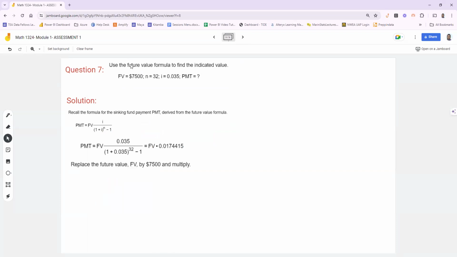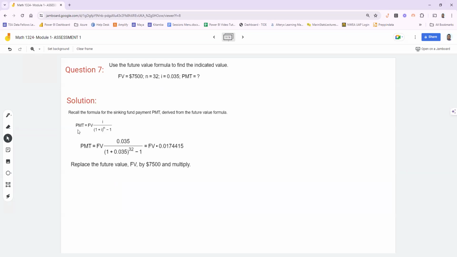Question 7 says, use the future value formula to find the indicated value. We're going to find the periodic payments, if the future value is 7,500, n is 32, and I is 0.035. If you remember, we had a very similar homework question. When I was explaining the homework question, I was telling you that the future value formula has been reorganized.